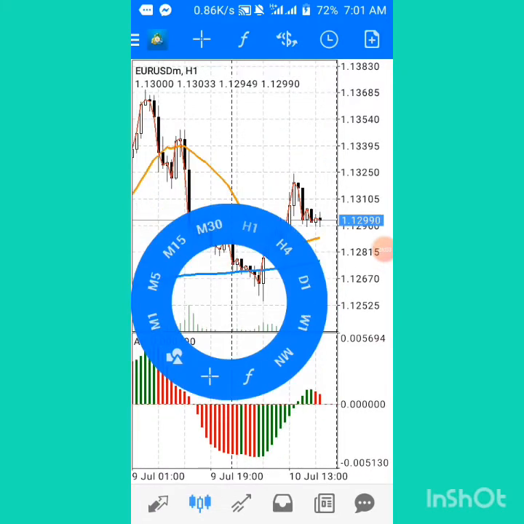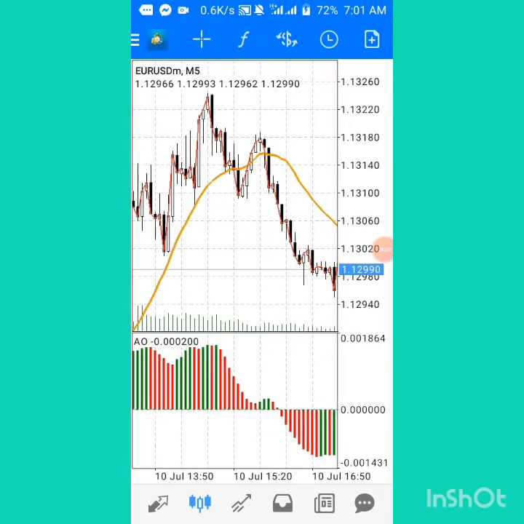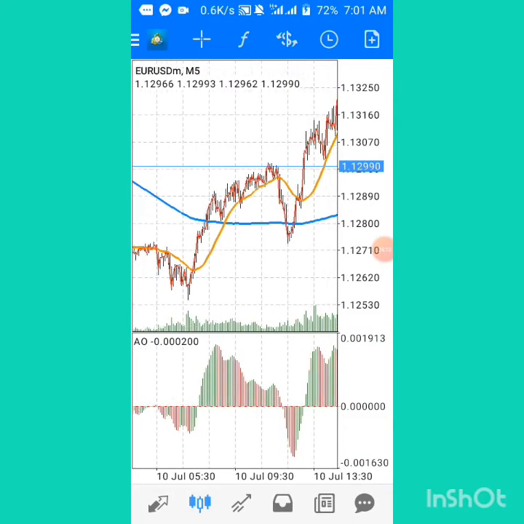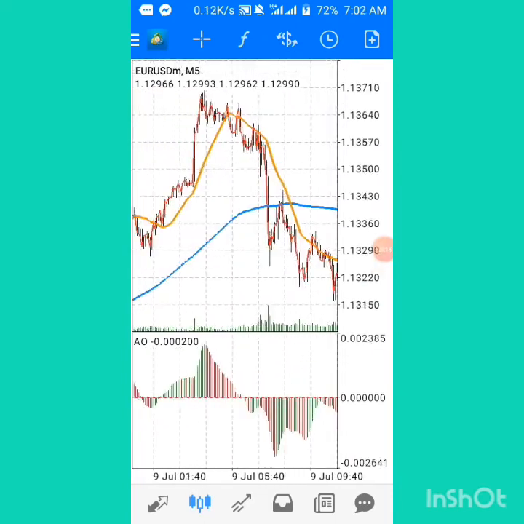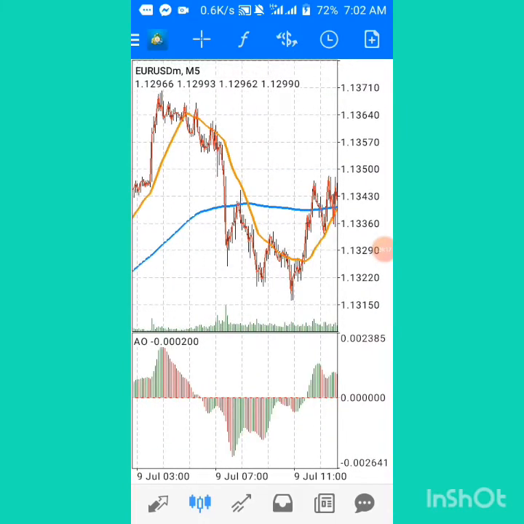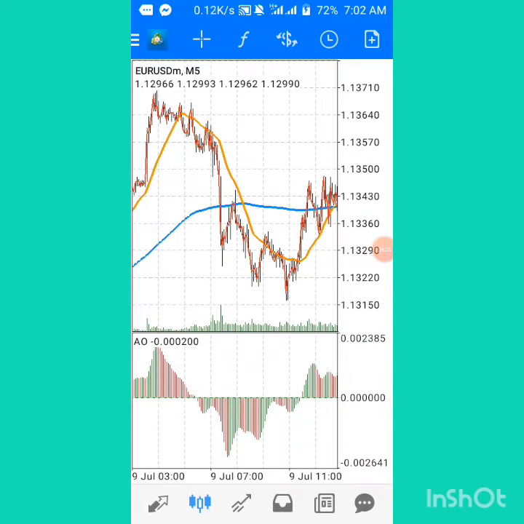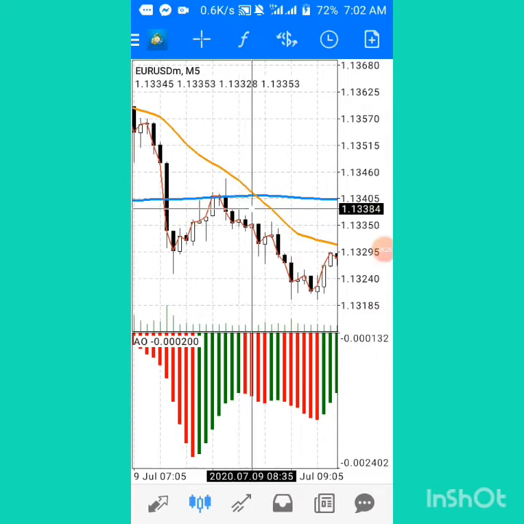On our main chart, we will allow the orange line, which is our 21 moving average, to cross the blue line.